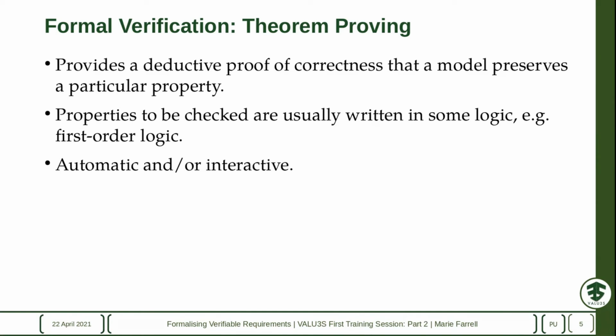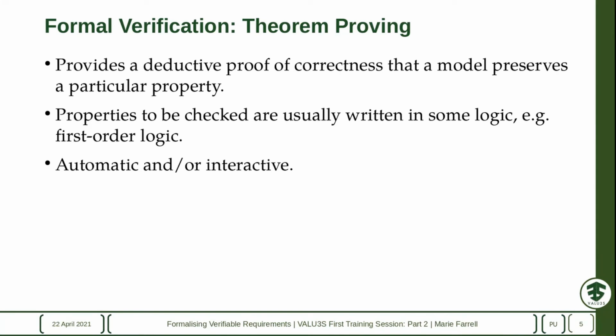Theorem provers are automatic and sometimes interactive, which requires user input to discharge the proof. Interactive proofs, although they're very useful because the user can drive the prover, can be very time consuming. Theorem proving is often quite a long process, or it can be. However, it does not suffer from the state space explosion problem that the model checkers suffer from.